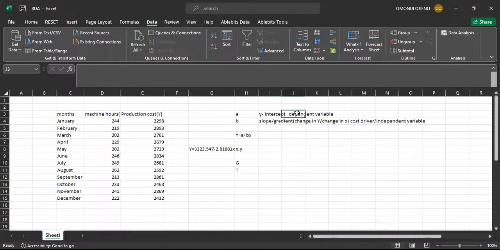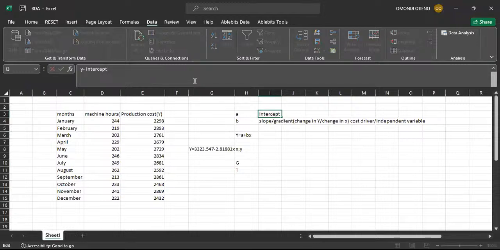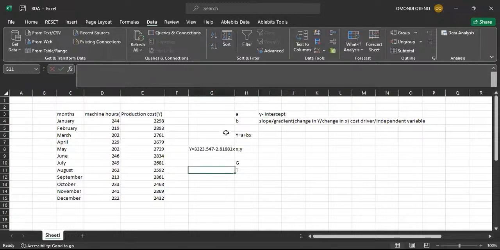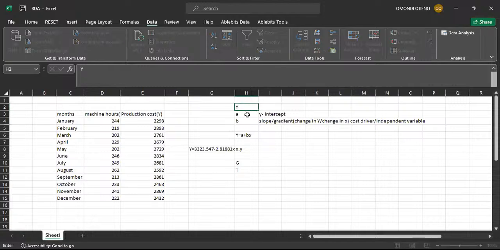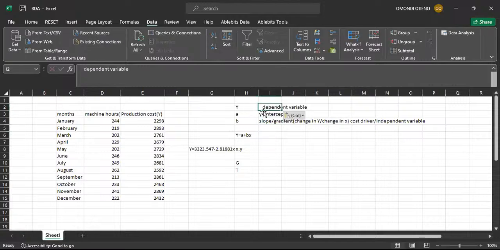Thank you for that. It is not dependent. The dependent variable is y. That is the dependent variable.